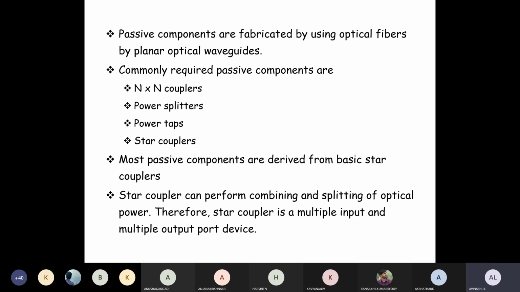These are the four fundamental, commonly required passive components. So you can make a note of this one.